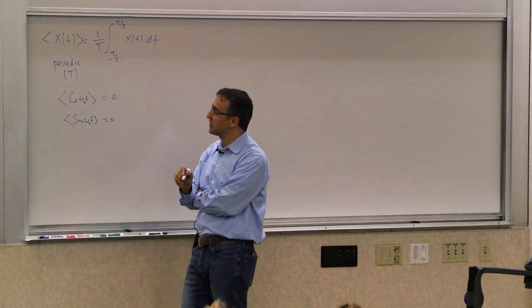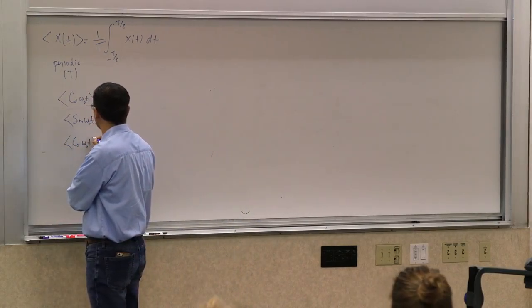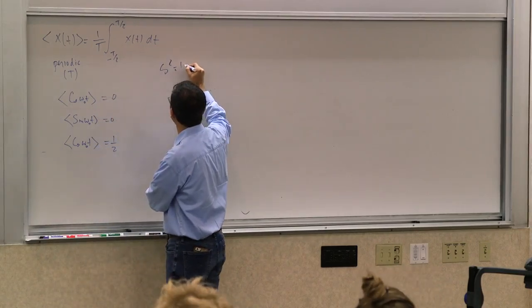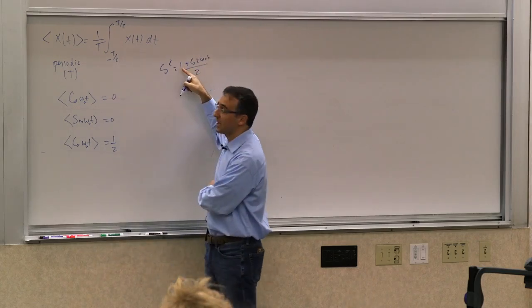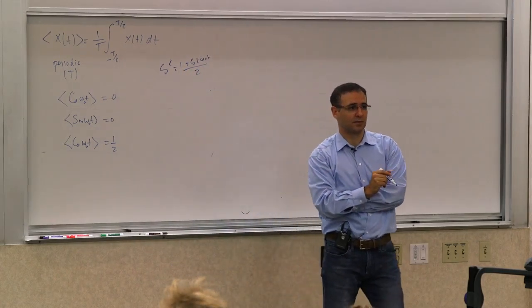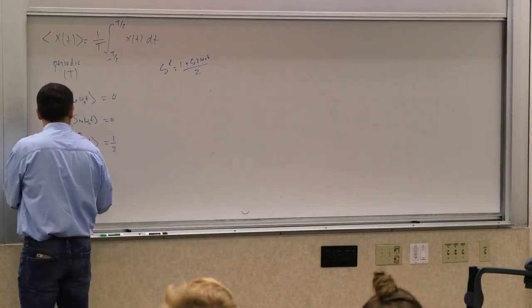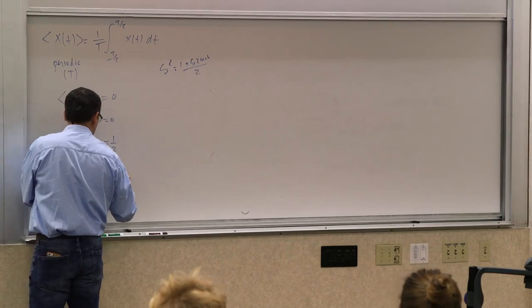So these are obviously 0. What is the average of a cosine squared? 1/2, right? How do you come up with that? Cosine squared is 1 plus cosine of 2 omega 0 t over 2. This still averages out. You're left with the 1/2. And the same thing for sine squared of omega 0 t, it is 1/2.